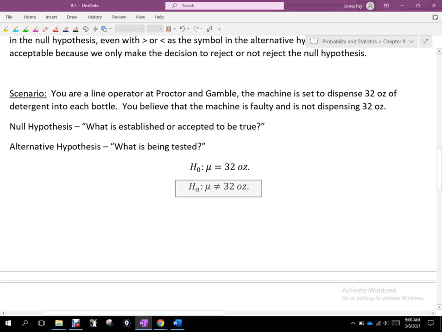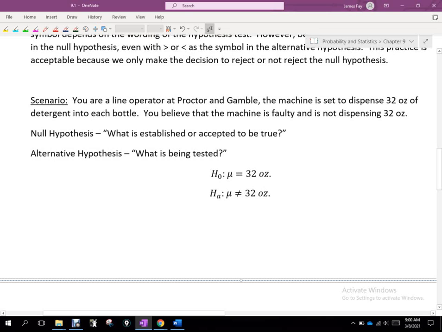And basically what we'll do is, through our sampling, we will hopefully either recognize that we are far enough below 32 ounces or far enough above 32 ounces to either say, nope, this is fine, it's not dispensing other than 32 ounces, or we reject this, and when we reject that, the only thing we are left with is the idea that, yep, it is not 32 ounces.